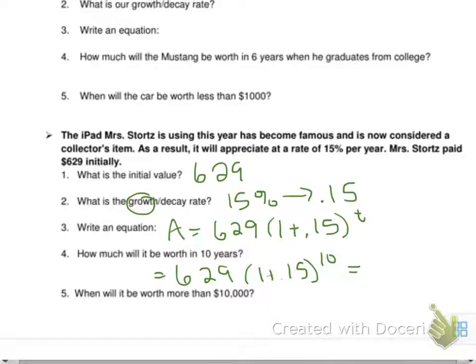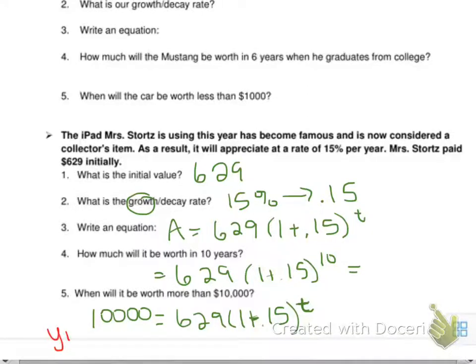Then when will it be worth more than $10,000? Once again, I'm going to have $10,000 equals 6.29 times 1 plus 0.15 to the t. So now my variable is here. The reason this is an exponential equation is because the variable is an exponent. So once again, I'm going to put this in y1 and this in y2 and see where they intersect.